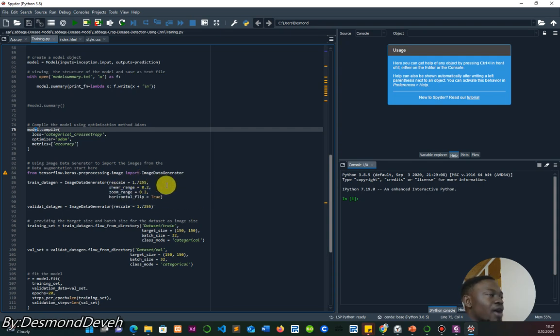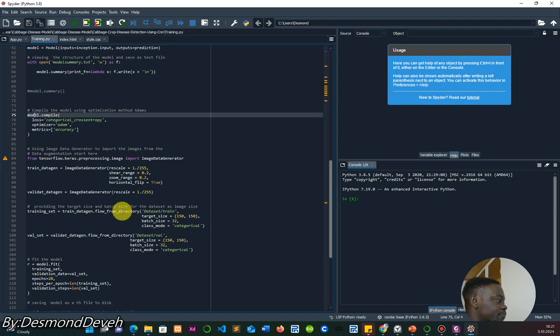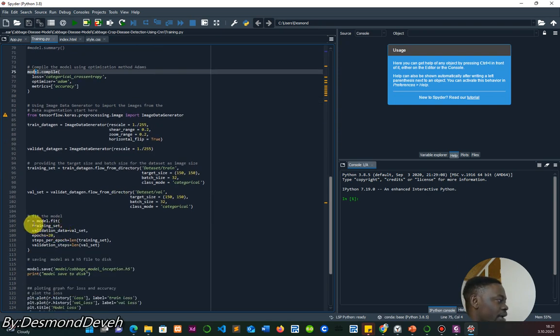For the purpose of accuracy, you have to let the model learn the images over and over, so that it will be able to capture every single detail on the image. So this is how I am running it.